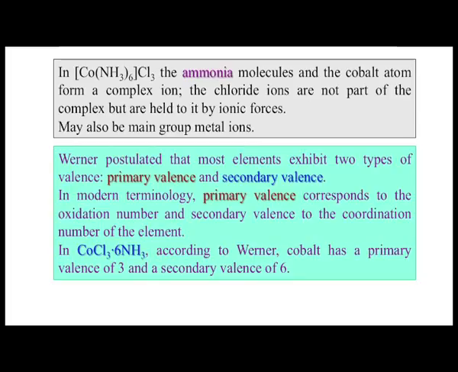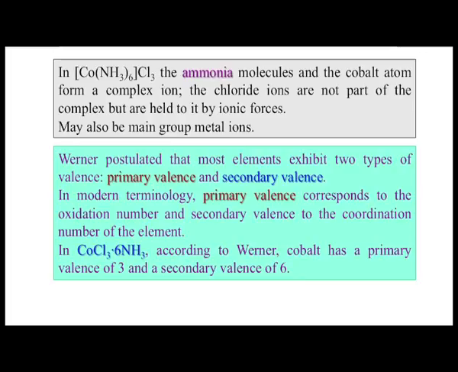And as we have discussed already, we are basically recapitulating what the primary valence and the secondary valence are, the two types of valences we get. The primary valence corresponds to the oxidation number and the secondary valence is the coordination number. What does it mean?